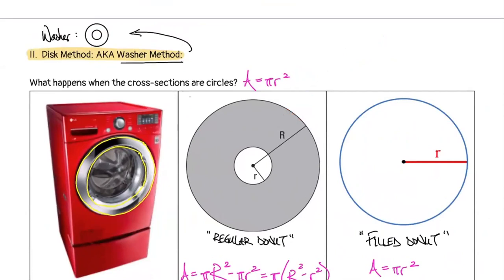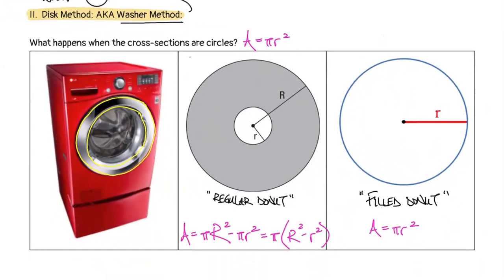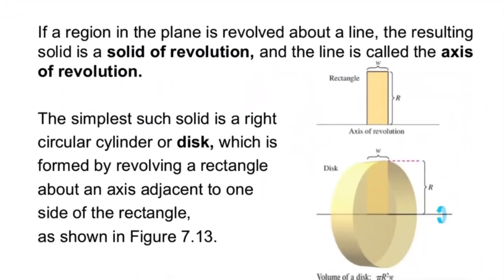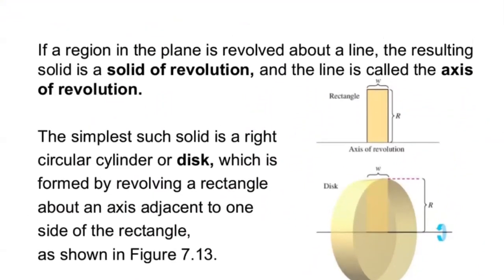But where are we going to be going with this story? We're looking at cross sections that are circles, so let's take a look at some pictures. If you have something called an axis of revolution, which you'll be able to see in the video that I asked you to watch, let's imagine those rectangles that we were looking at.